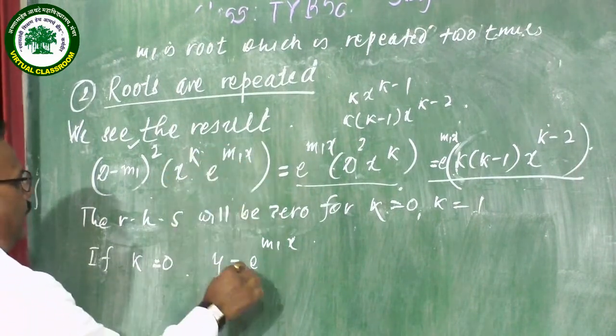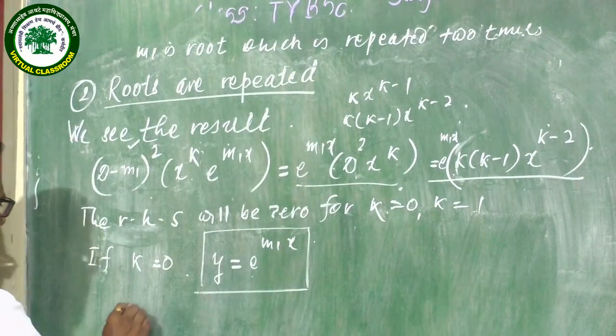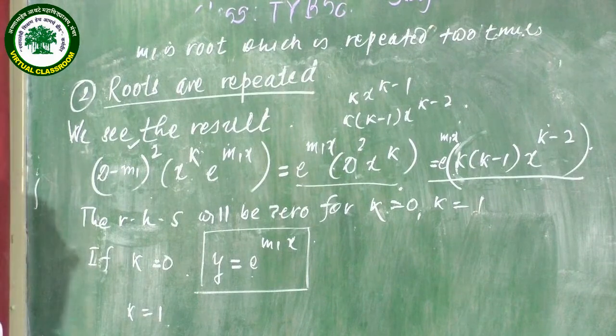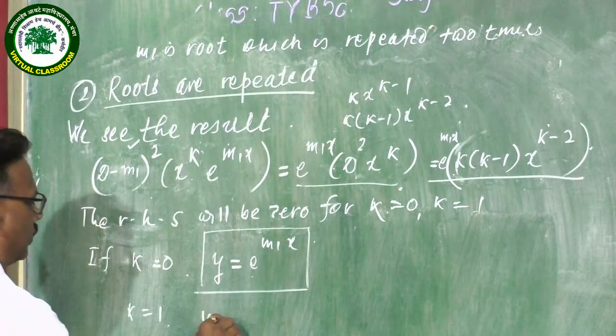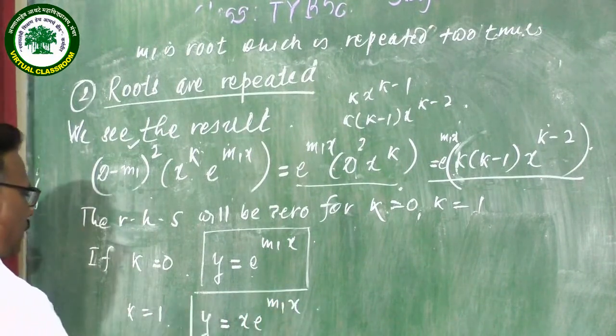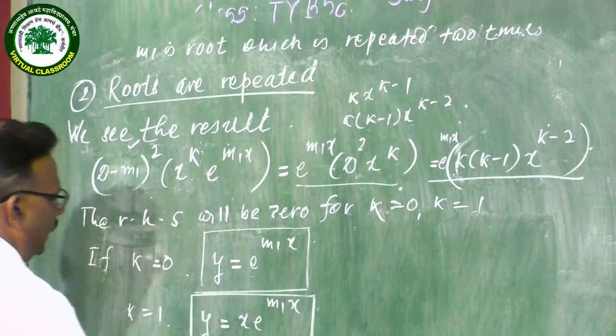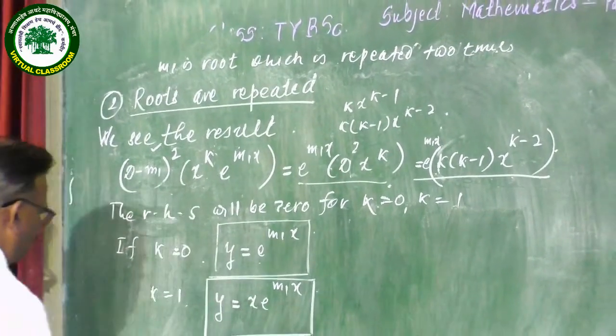This is one solution. And when we take k equal to 1, then y is equal to x e^(m1 x). This is another solution. If roots are repeated, then these two solutions are taken together.